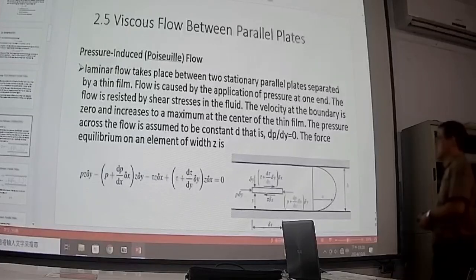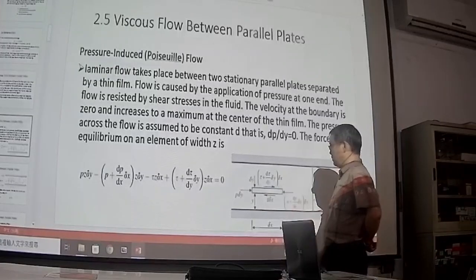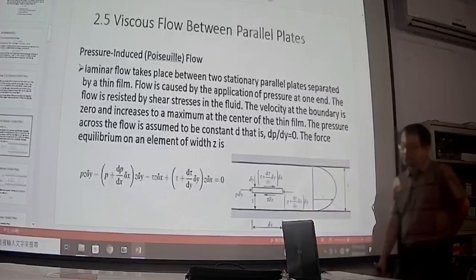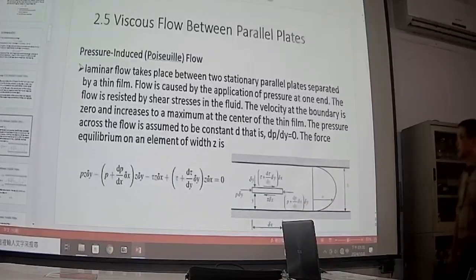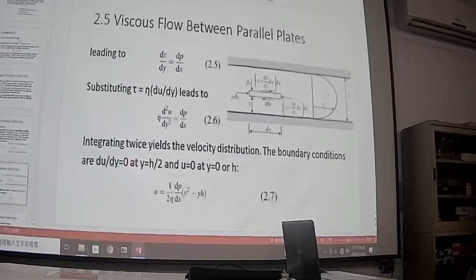Only these four forces can be balanced equal to zero, and you will have our flow equation on that. Okay.